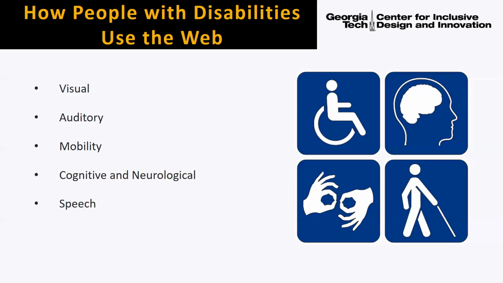Cognitive and neurological, today's society is slowly becoming more and more aware of some of these needs. Dyslexia is a perfect example. I've lost track of how many people I've spoken to who grew up in the school system 25, 35 years ago, and they weren't diagnosed with dyslexia.